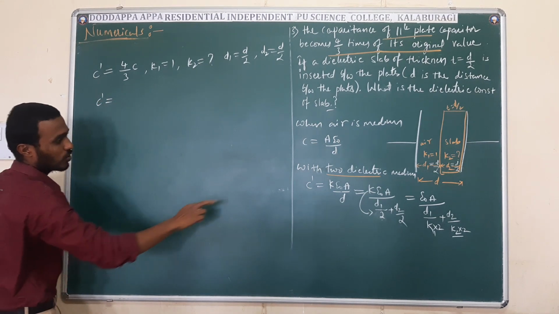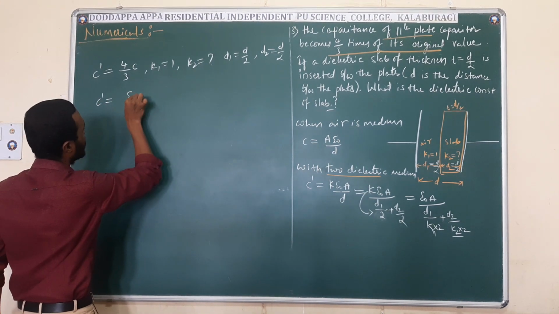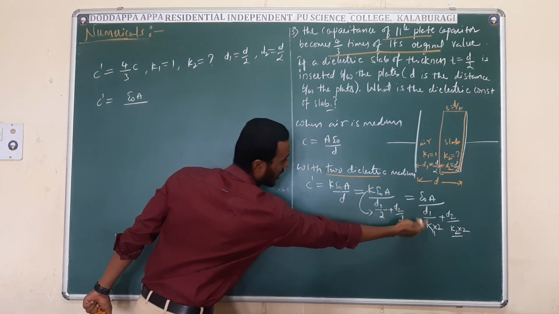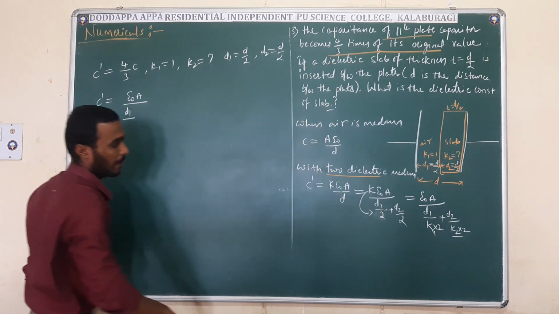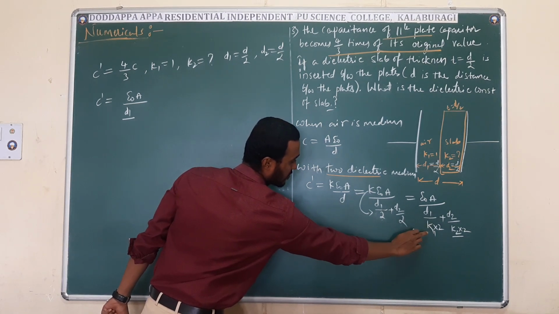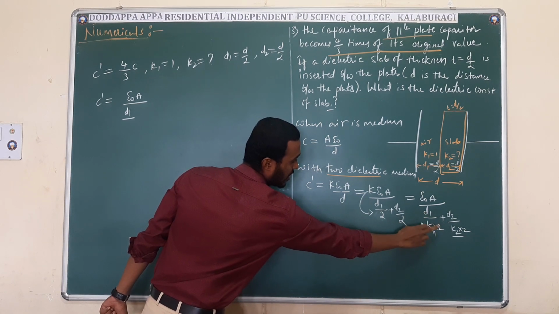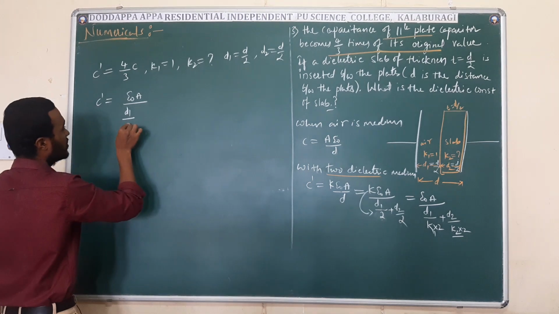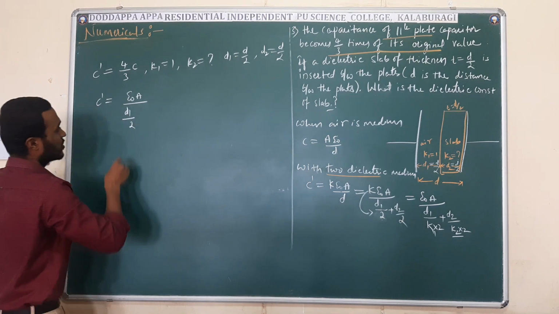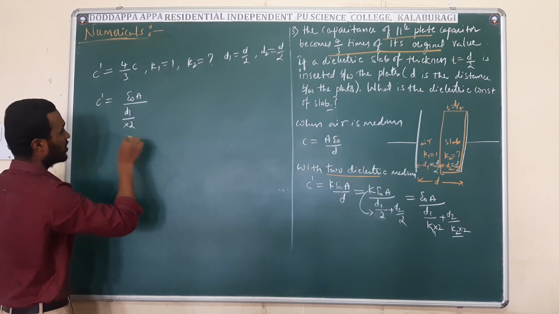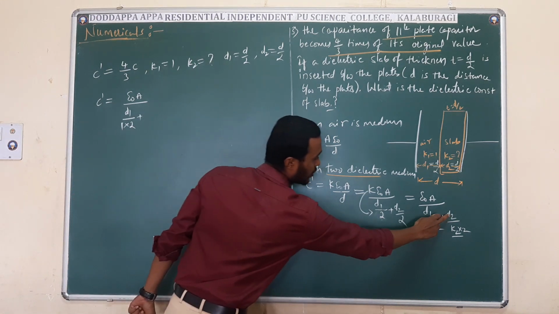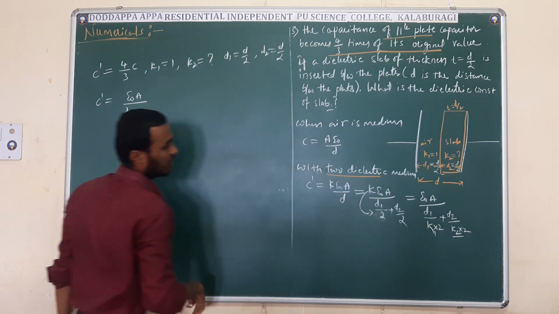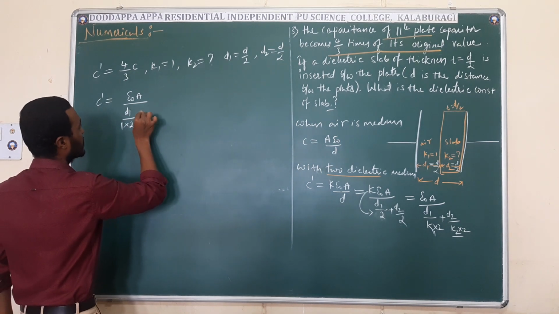C dash is equal to epsilon A divided by D1 by 2 into K1, which means D1 by 2 into 1, plus D2 by 2 into K2.